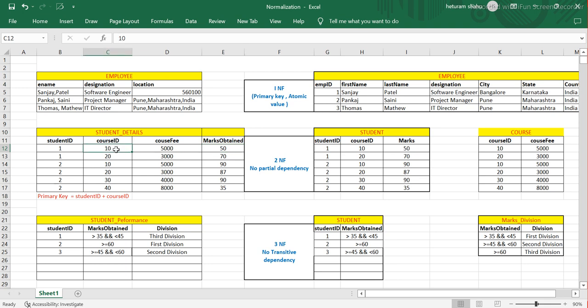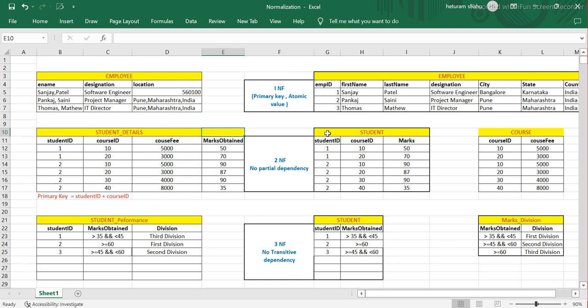In this course ID, the student has received 50 marks. So marks obtained is dependent on both columns, which is a full dependency. Here it satisfies second normal form, but the course fee column does not satisfy it, so we have to make sure how to satisfy it.